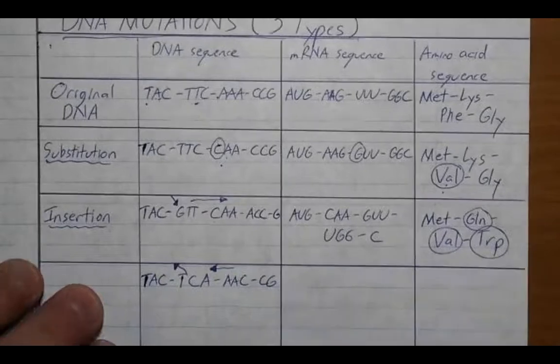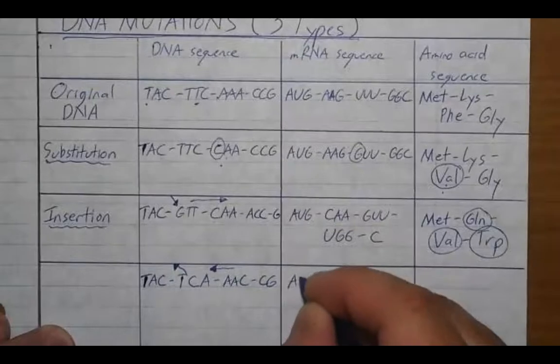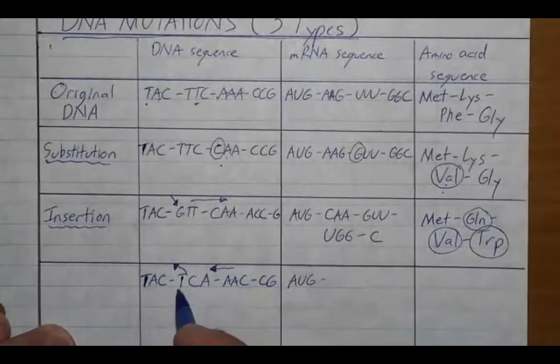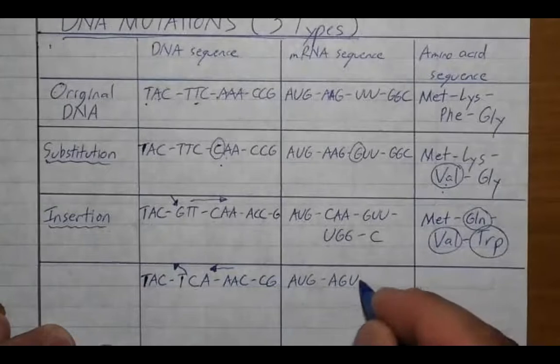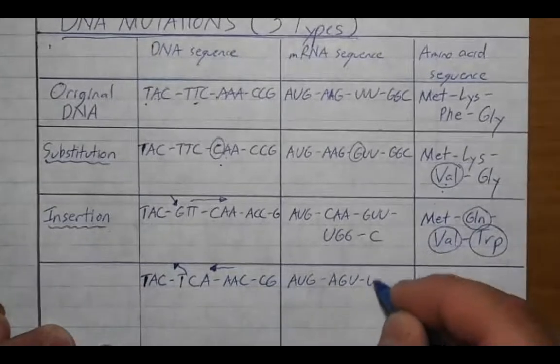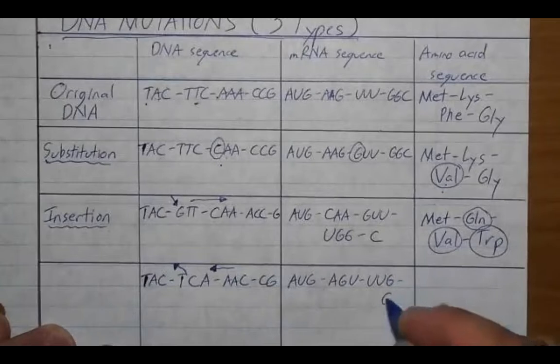So how does that affect our mRNA sequence? Well, it's kind of the same deal that we had before, okay? TAC, still AUG, but now TCA is AGU, AAC combines with UUG, and then we have GC.